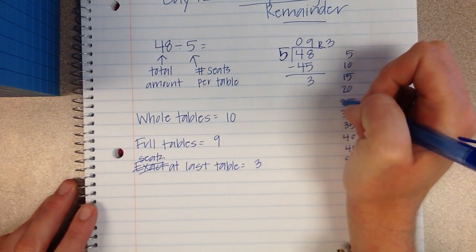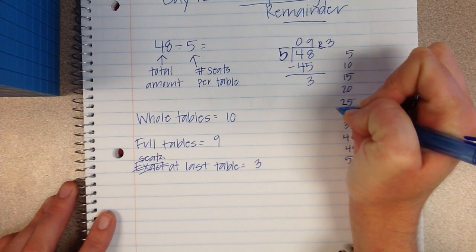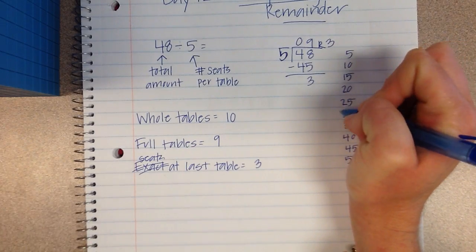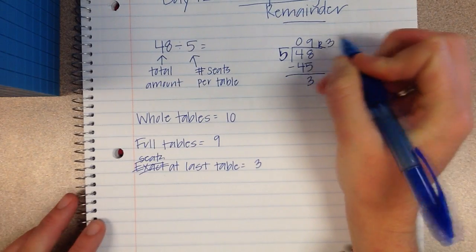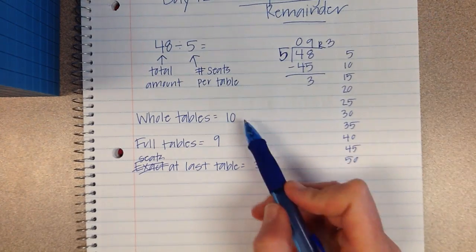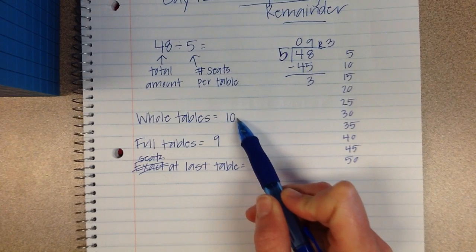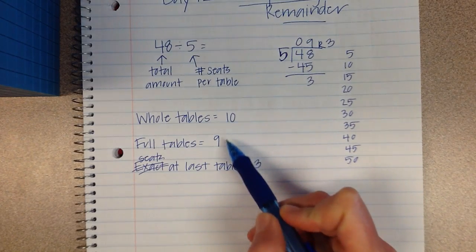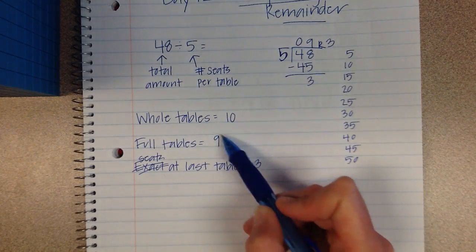Now, I'm sure you're saying, yeah, I'd make so-and-so stand up. Well, we can't do that. We're talking about realistically, that's what we would need. So, this is considered rounding up. This is considered whole number only.